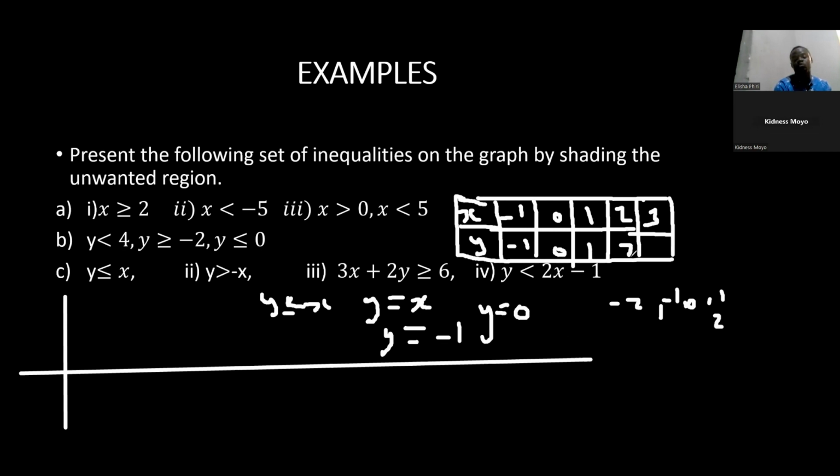If x is 2, y will be 2. If x is 3, y will be 3 as well. We have all those values, so we can now plot them on the x and y plane. So this is 1, this is 2, that is 3, that is 4, and that is 5.